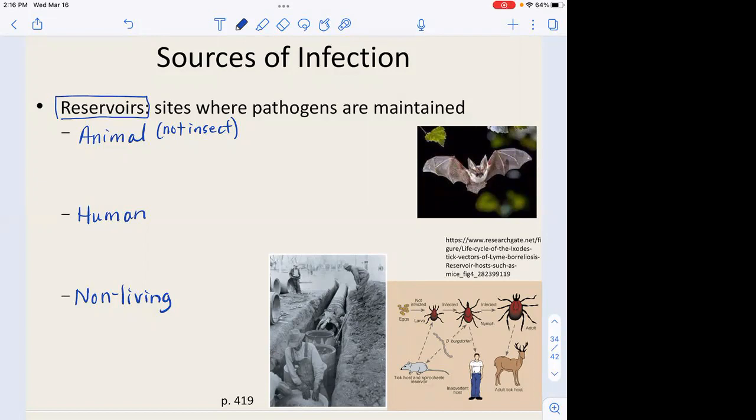Infections that have an animal reservoir we refer to as a zoonosis, or we might say a zoonotic infection. Sometimes infections that are passed around among, say, animals maybe mutate just a little bit, and then we say they spill over.